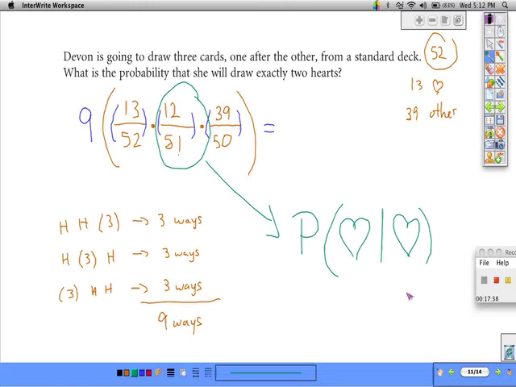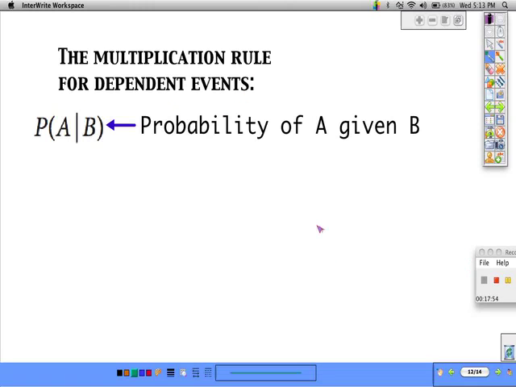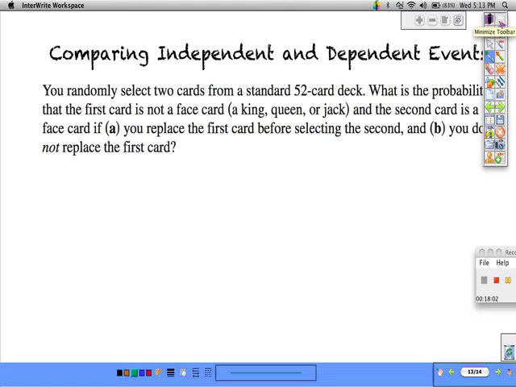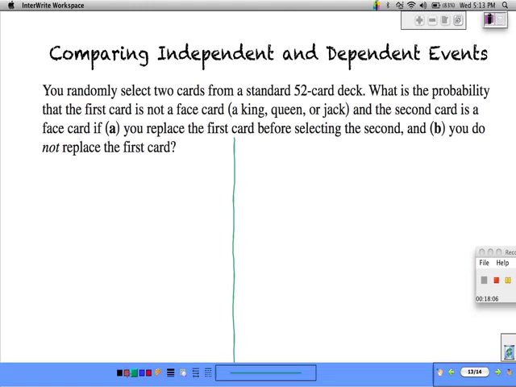So knowing that I already picked a heart, that means that there's only 51 cards left in the deck. And of those 51 cards, 12 of them are hearts. So dependent events, the probabilities change from pick to pick. And we're going to look at the difference here between dependent and independent probabilities.